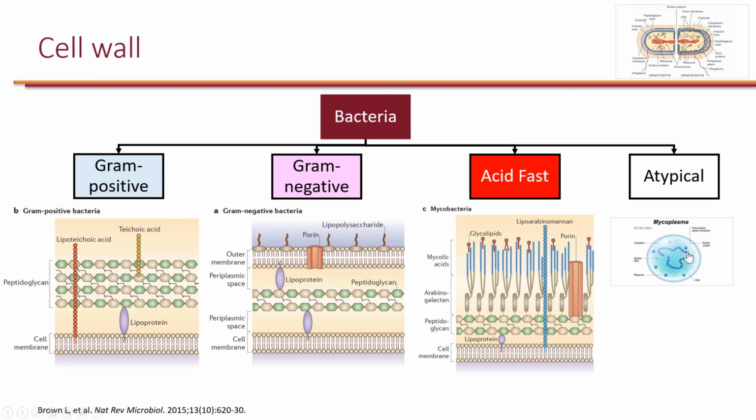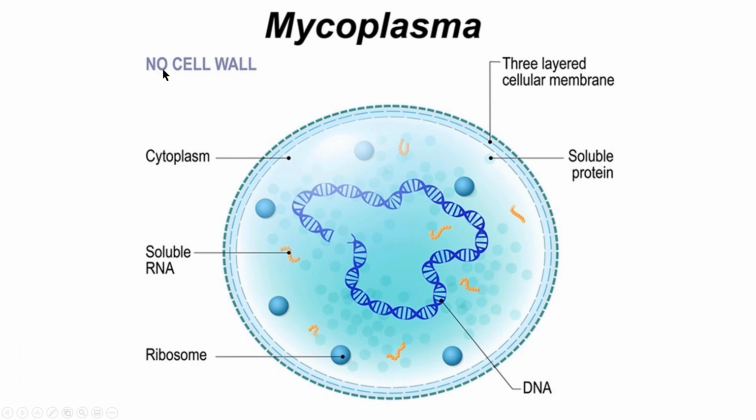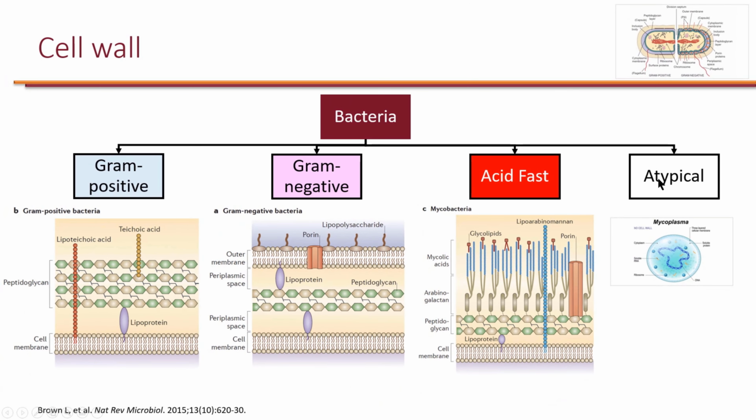They do not have peptidoglycan, because these three have peptidoglycan that, one way or another, is going to get stained. But the atypicals, because they don't have a cell wall, don't get stained. So any of these techniques you use, they will not be stained. So these are atypical. These are in general the four types of bacteria that are clinically important.